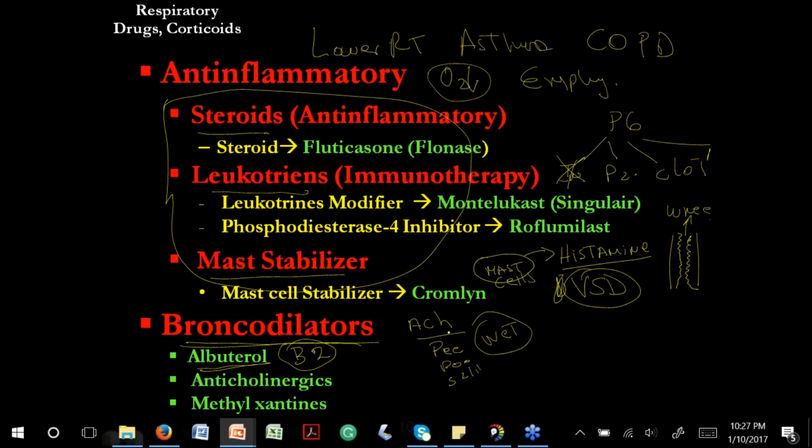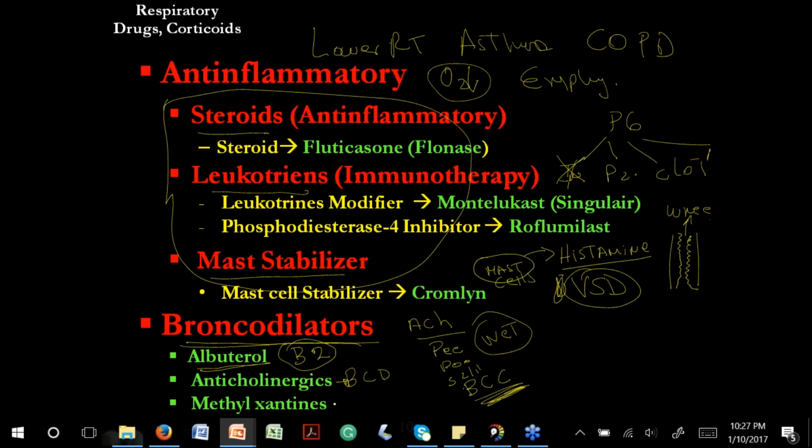In addition to that, acetylcholine produces bronchoconstriction. So we are going to use anticholinergics to prevent the bronchoconstriction, to promote the bronchodilation. And they are going to dry secretions, because saliva is cholinergic, right? Anticholinergic now is going to do the opposite.